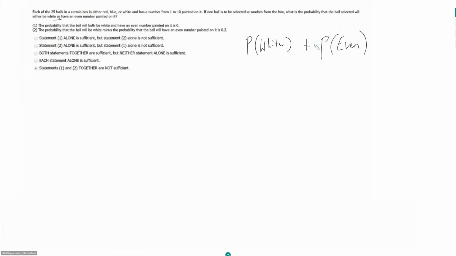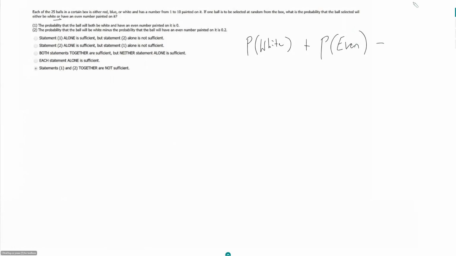In other words, when we find the probability of having a white ball, that includes our white even balls. And when we find the probability of picking an even ball, that includes our even white balls. So we don't want to double count our white even balls.